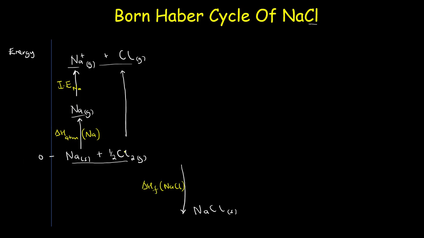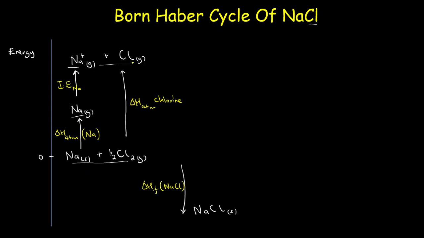So when you look at our chlorine, it's usually diatomic, but we need only one chlorine atom, so we have to somehow form a single atom. So just like we had enthalpy of atomization of sodium, this will be enthalpy of atomization of our chlorine. Let me just write the word chlorine.